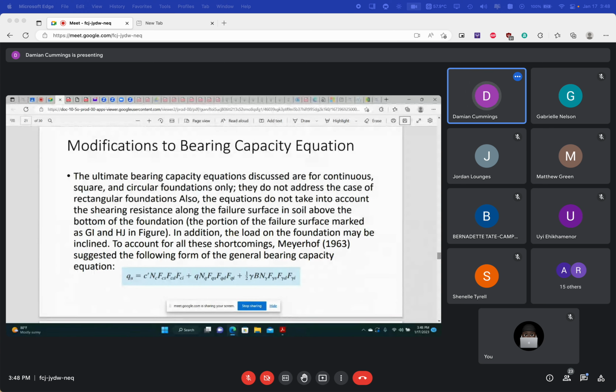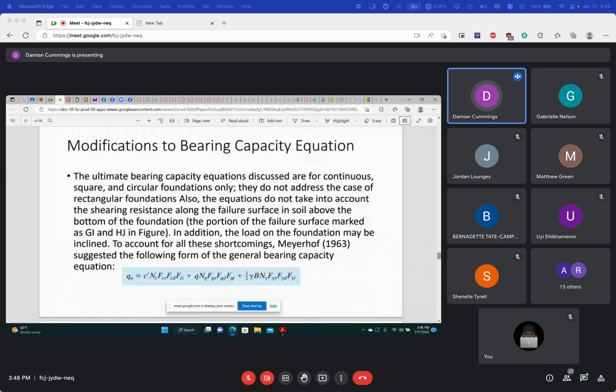Fcs is our shape factor for the soil and for the foundation with respect to cohesion. Fcd is a depth factor based on the depth of the foundation, right? And Fci is the load inclination factor.